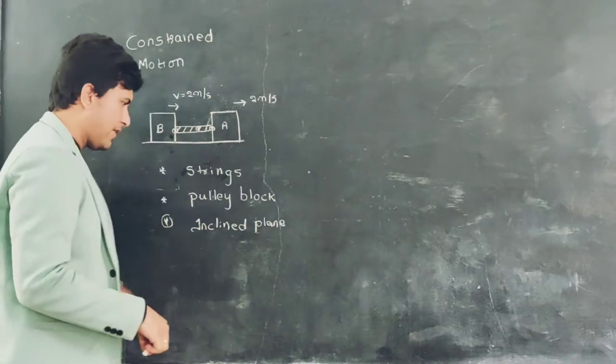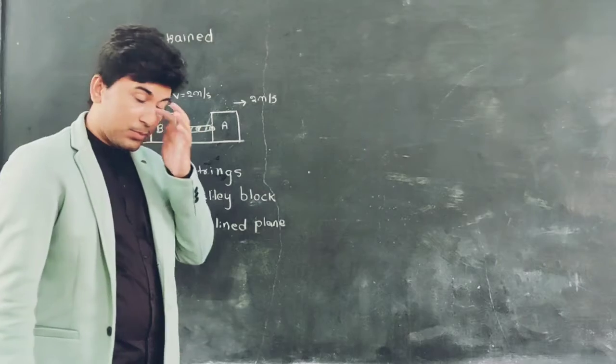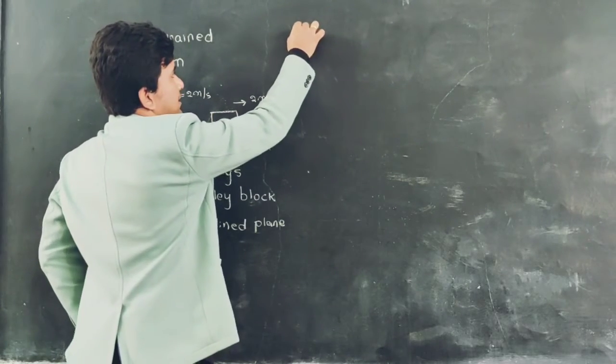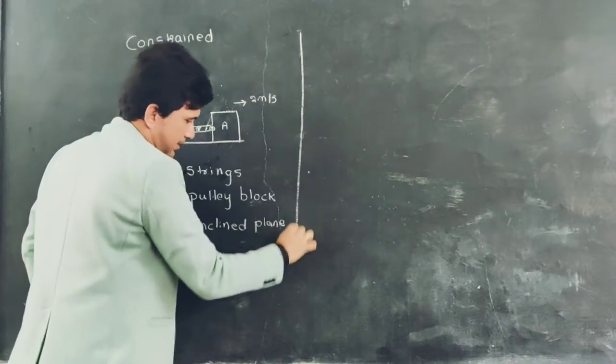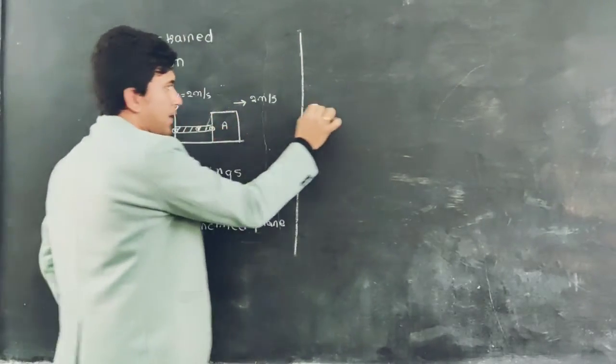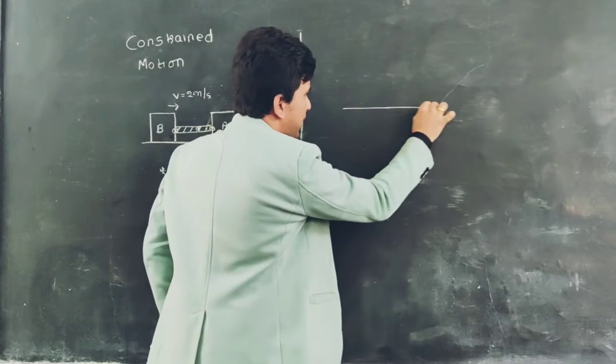Today we will be covering all these three: constrained motion in strings, pulley block, and the inclined plane. Basic illustrations we'll take, and we'll start with the string part.